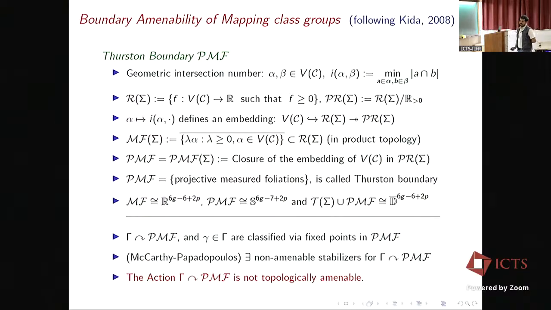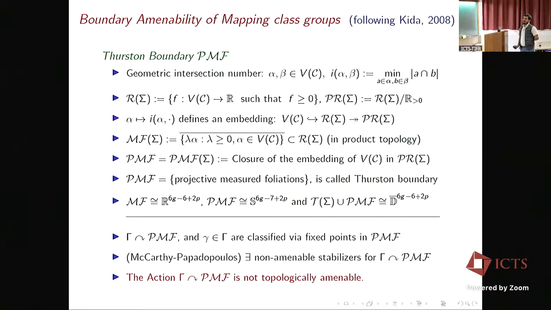And here we have a theorem due to McCarthy and Papadopoulos, which says that there are non-amenable stabilizers under this action. Even though this is a compact space, we cannot expect a topologically amenable action of gamma on this space, because we have non-amenable stabilizers. We had seen earlier that stabilizers must be amenable under a topologically amenable action. So the action of gamma on the projective measured foliations is not topologically amenable.